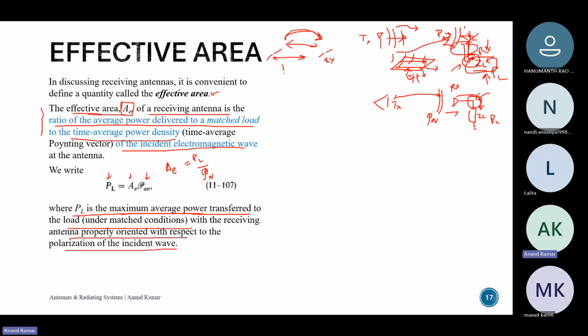But if the orientation of the dipoles are not aligned, most of the signals which are sent will not be received by the receiver. So there should not be any polarization loss or load mismatch. In that case, in the ideal case, we are defining the effective area.